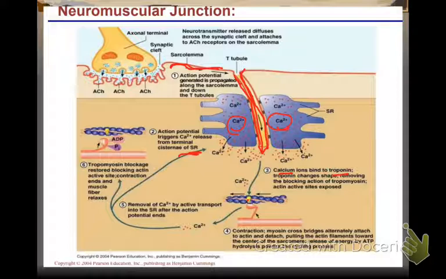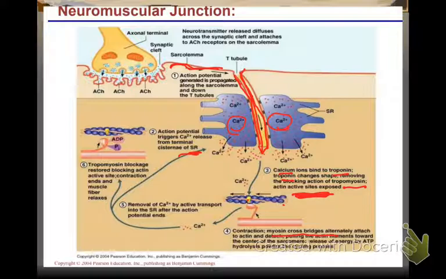And remember, the troponin is going to change shape, and the tropomyosin is going to move and expose the active binding sites on the actin. When the actin binding sites are exposed, the myosin cross bridges form. And then they complete what's called a power stroke.